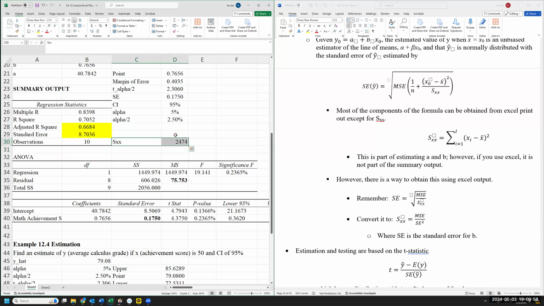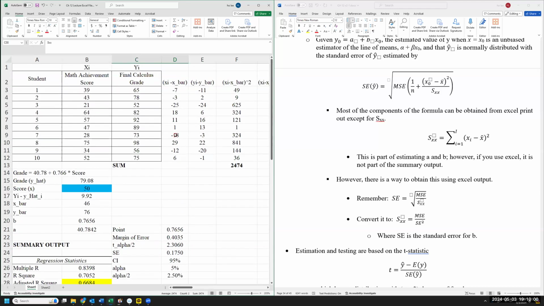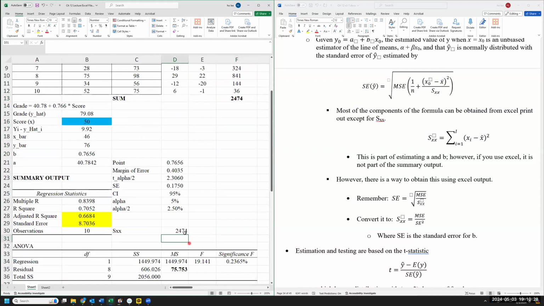Well, if you scroll up, we calculated that right here, when we were trying to manually calculate A and B instead of using Excel. As part of that process, we calculated SXX, which is the sum of (xi minus x bar) squared, and the sum of that was 2474. Okay, let's move on.